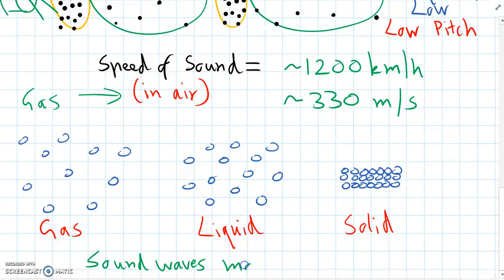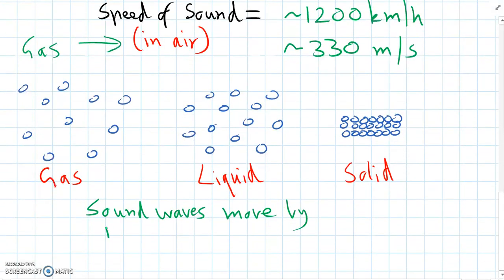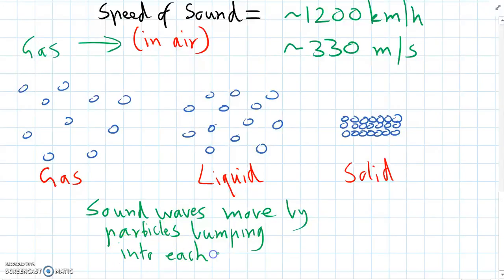So sound waves move by particles bumping into each other. We can imagine that as an area of compression happens, the particles in that area will then push against other particles near them, and that causes the sound wave to move along.